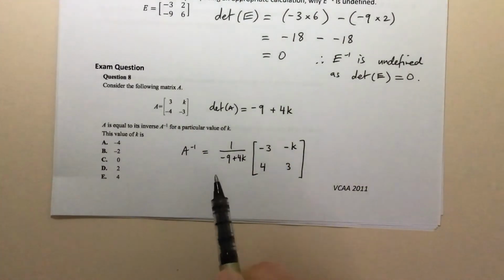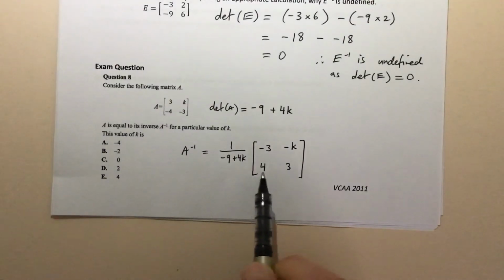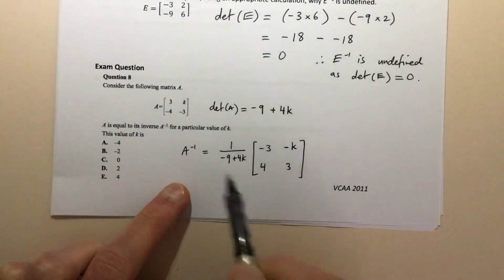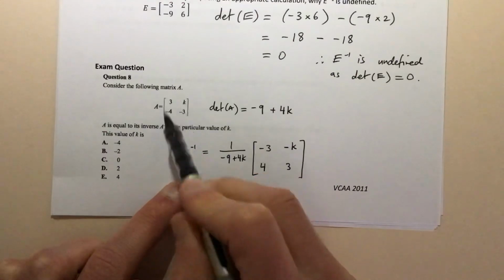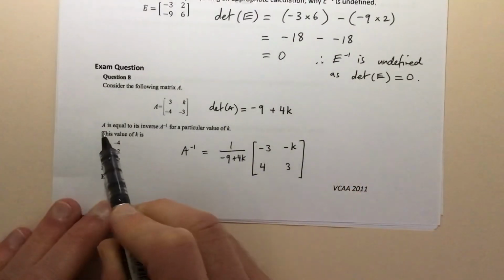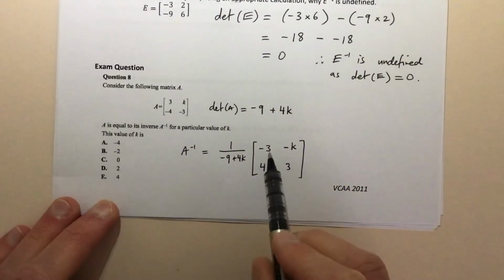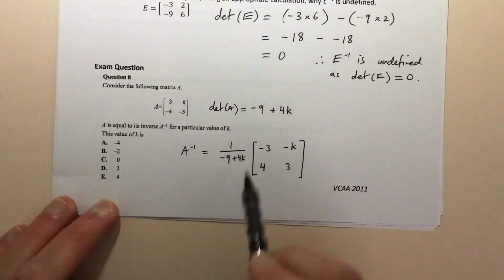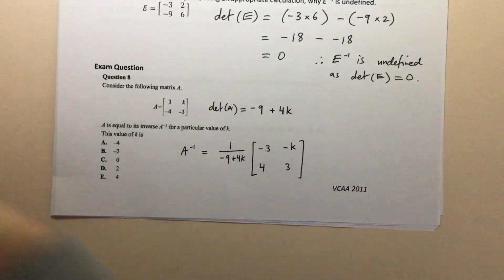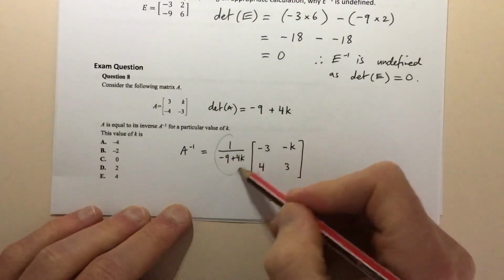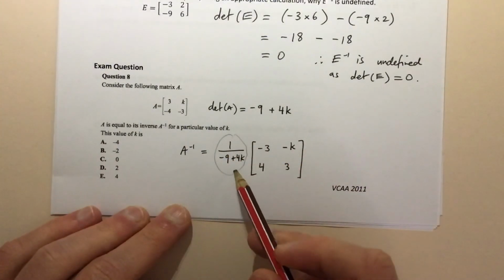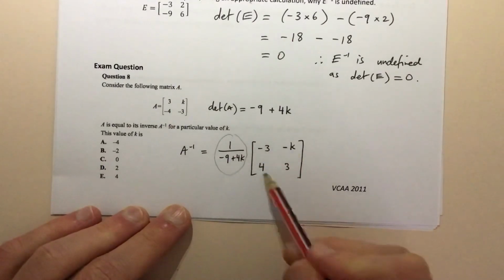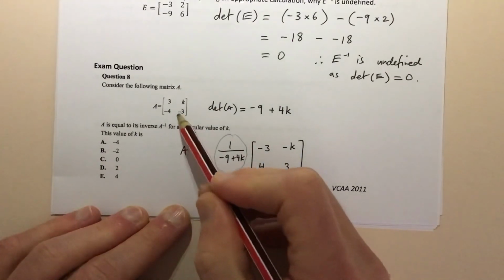Now if we want this whole matrix to equal what we started with, because that's the idea of the question, that A is equal to its inverse, you can just look at all the elements here and see that what we really need is for the determinant to equal -1, because if I multiply all these numbers by -1, I'm going to get back to what I started with.